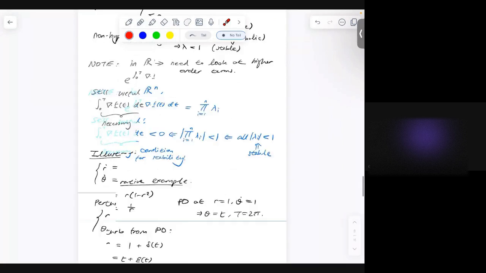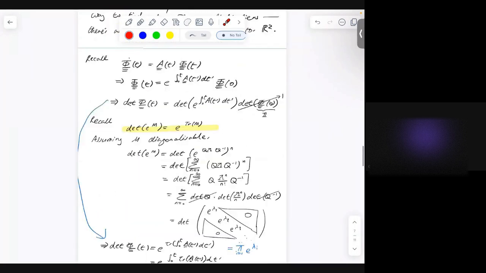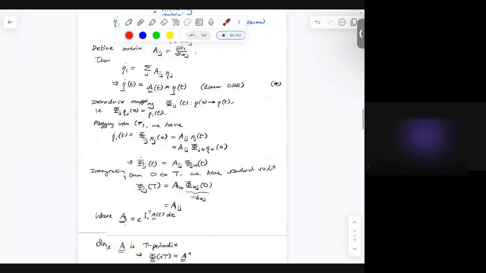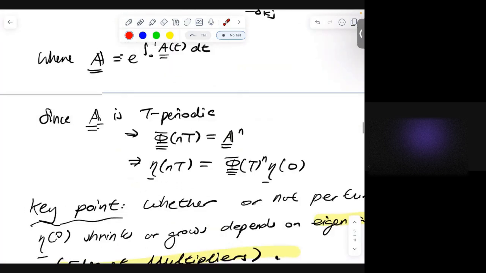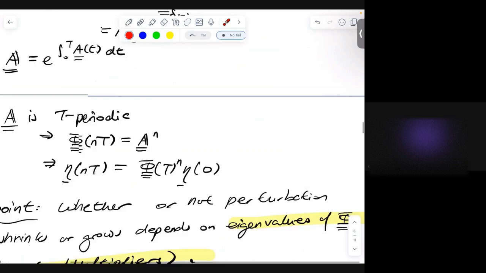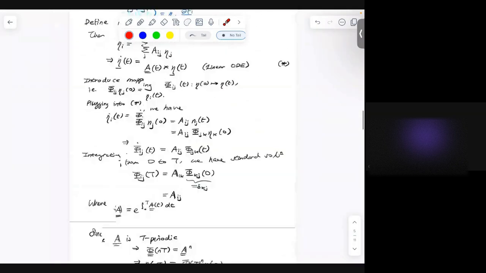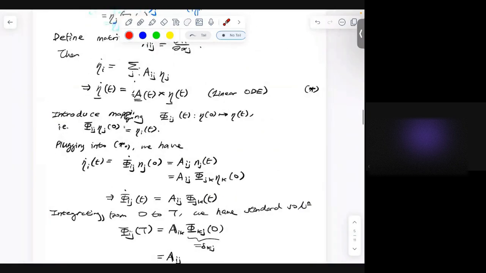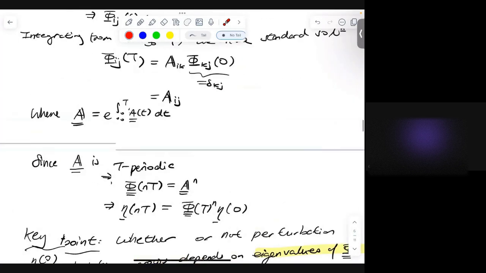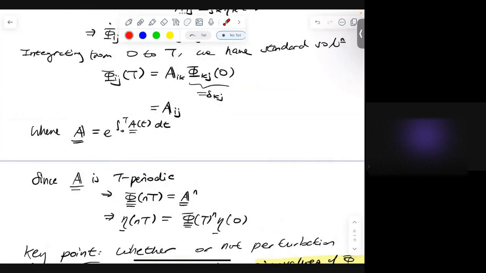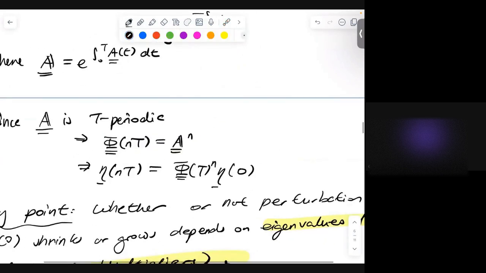So if we jump back to the general derivation, I think I skipped a step here. Yeah, I kind of skipped something.